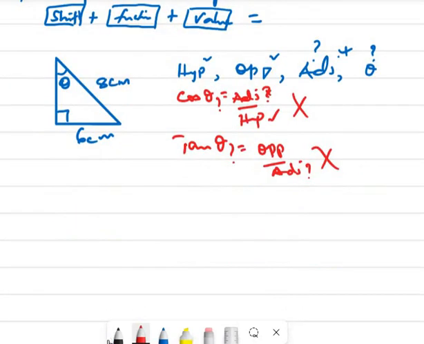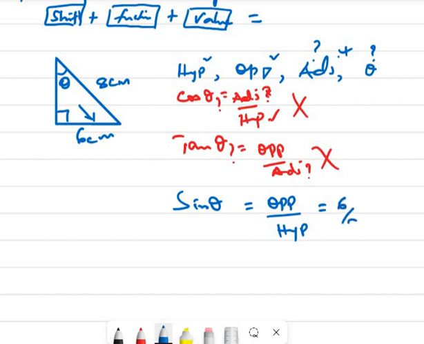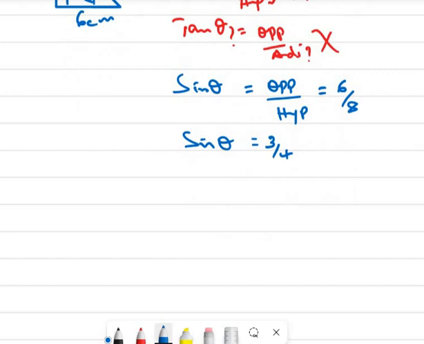But when you check on the sine theta, you'll find that it calls for opposite over hypotenuse, and these two we have: this is the opposite of the angle theta, and the hypotenuse is available, so we say it is 6 over 8. This one becomes 3 over 4. Sine theta is equal to 3 over 4.